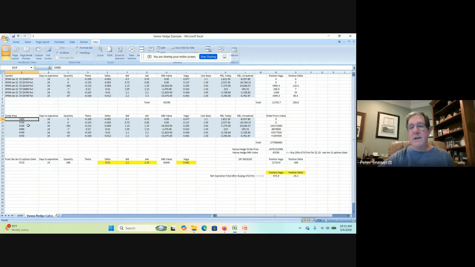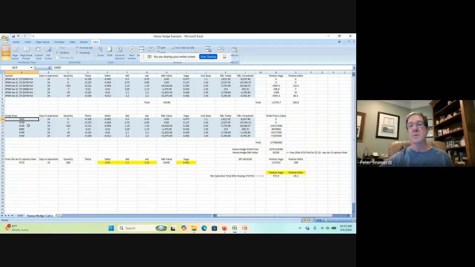Well, remember, this is a Vanna hedge. And Vanna is the sensitivity of the portfolio to both the underlying, the delta, and the implied volatility. What we're trying to do is find one trade that can minimize both of those for one expiration. And that's what this is doing.